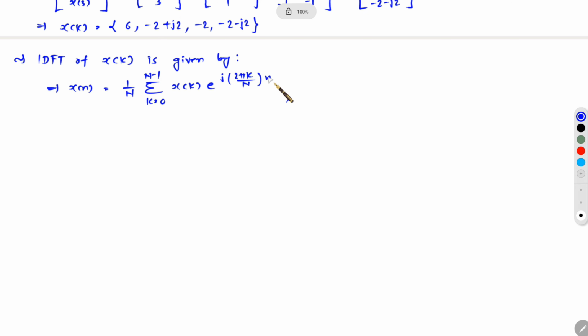Here the value of small n is in between 0 to N minus 1. Here we are talking about 4-point IDFT. So this capital N value is 4.